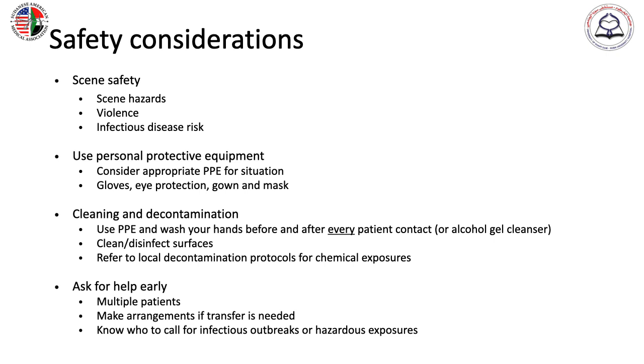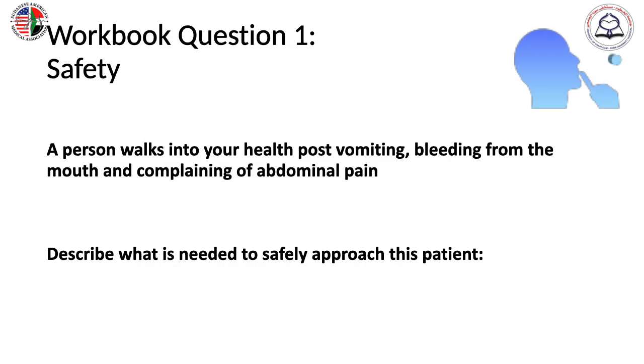And ask for help whenever you need that, especially when there are multiple patients, and make arrangements for transfer if you need a higher level of care. And whenever you have an outbreak, you should know the chain of communication, to whom you should communicate, and when there is chemical exposure, to whom you should transfer this information.